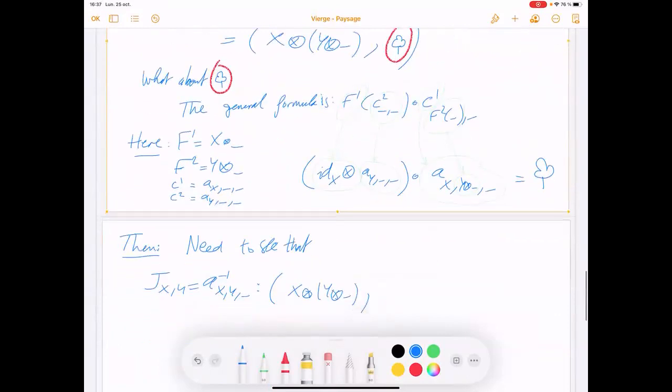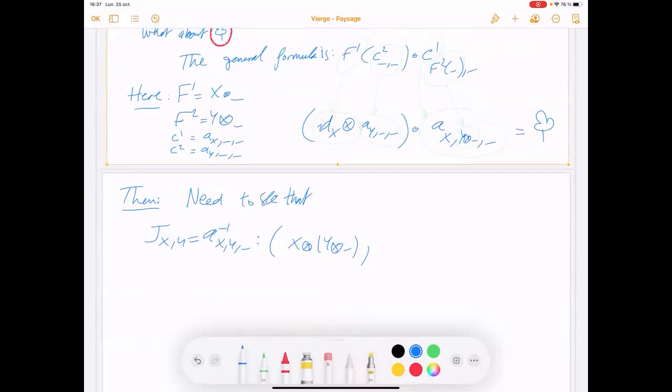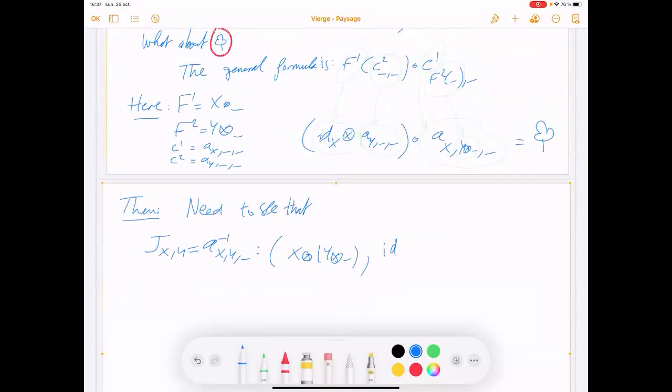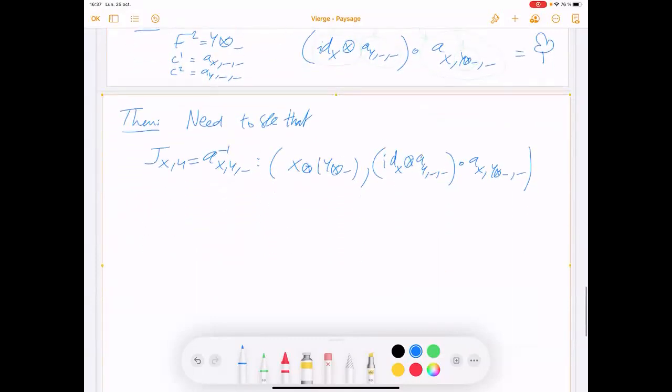Okay. So we can draw it, you can write it here. So ID X tensor A_{Y, something}, composed with A_{X, Y tensor something}. And this should map that object as an isomorphism to X tensor Y tensor something.